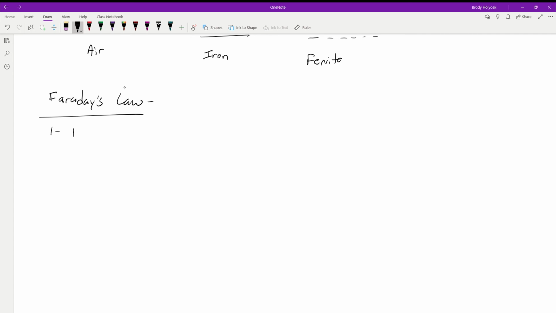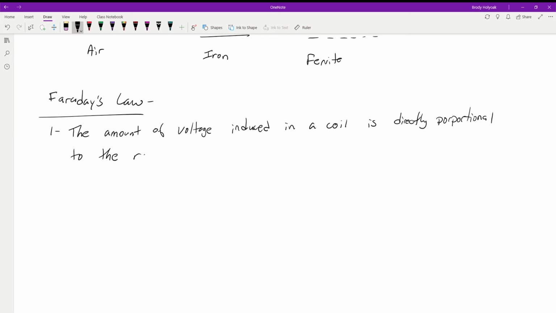The first one says the amount of voltage induced in a coil is directly proportional to the rate of change of the magnetic field with respect to the coil.